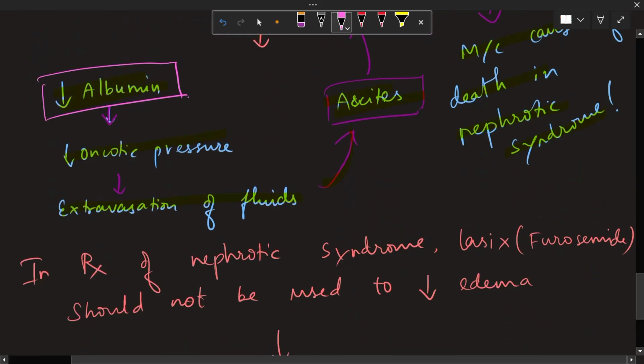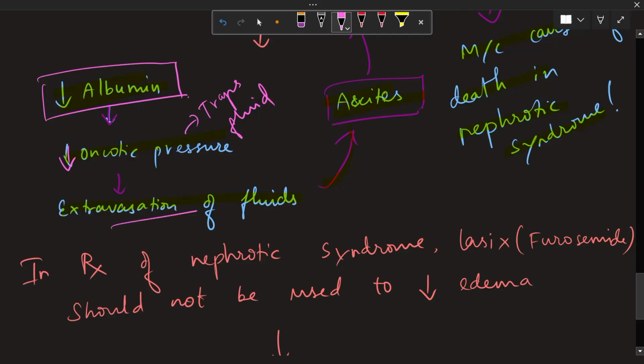When there is albumin reduction, the oncotic pressure will get reduced. The oncotic pressure is responsible for trapping the fluid within the vessels. So when oncotic pressure reduces, the fluid cannot be retained within the vessels, and the fluid escapes out of the vessels.